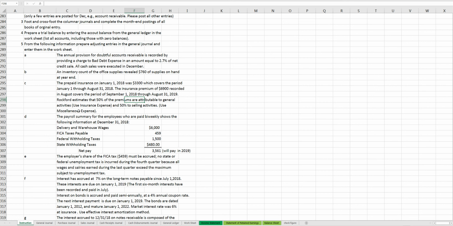So basically, we're going to expense the full amount of the old prepaid insurance and part of the new prepaid insurance, and debit insurance expense and debit miscellaneous expense on a 50 to 50% ratio.